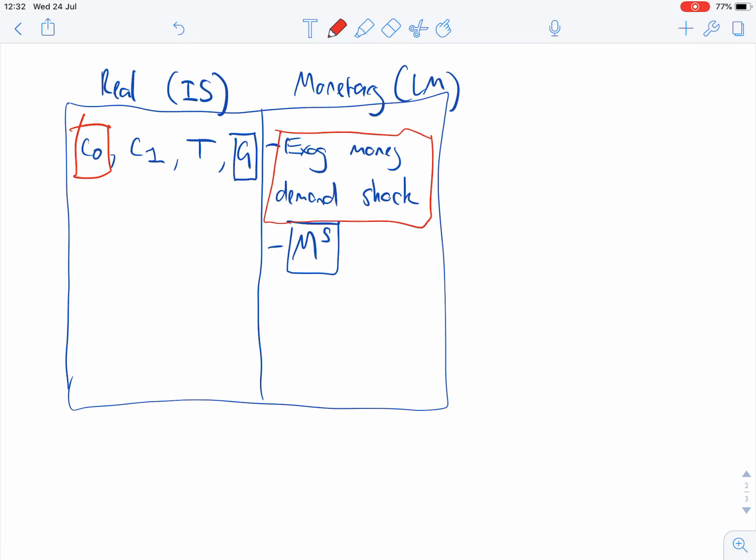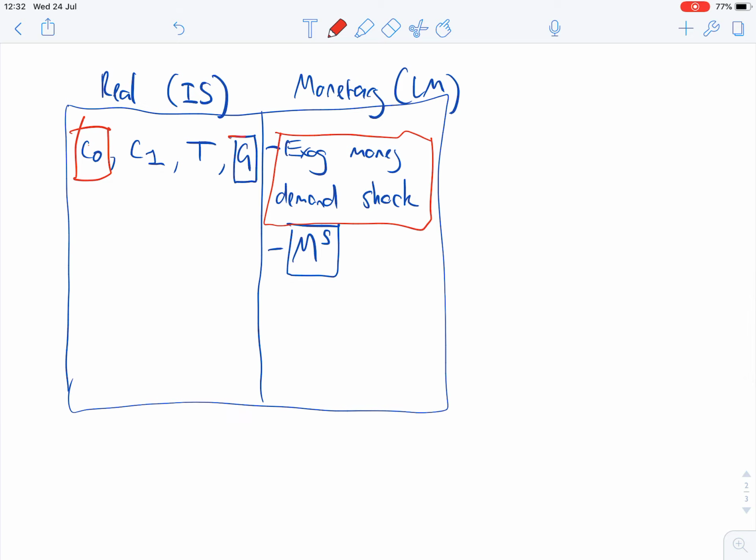How might the government or the money authority then use their ability to affect G or MS in order to offset the short-run impacts of these shocks? And that's kind of building up towards basically a very stylized model of how governments and how monetary authorities behave in the real economy.